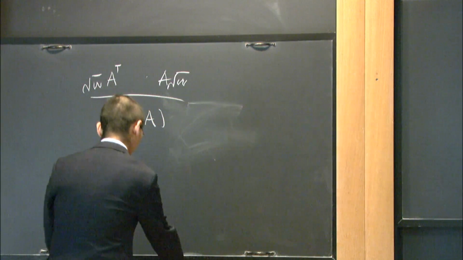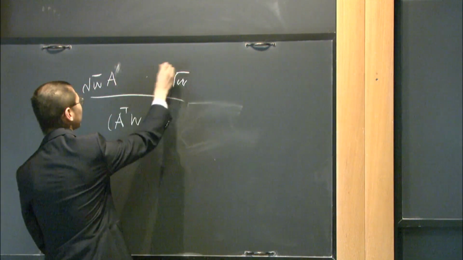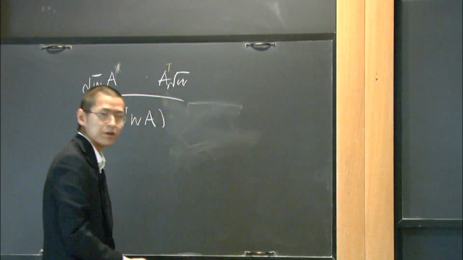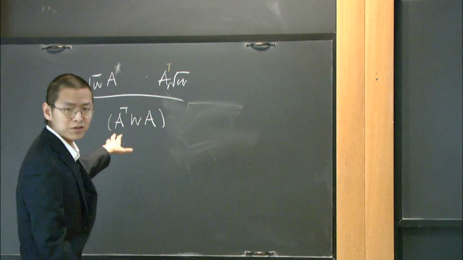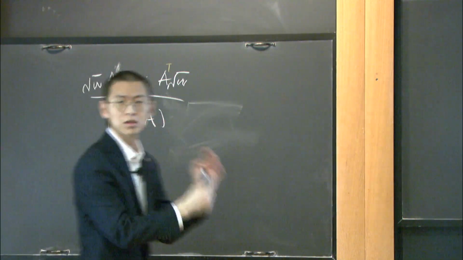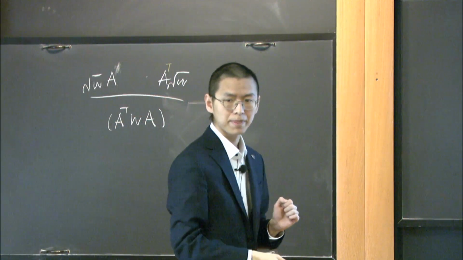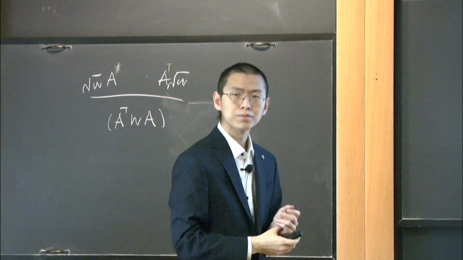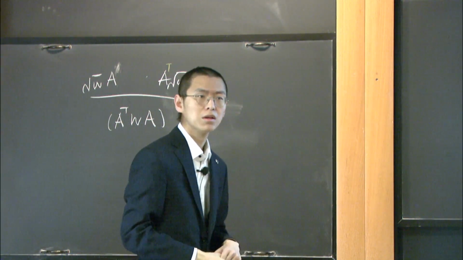I should put a transpose here. With a number you just think of it this way, and with a matrix you need to put a half on both sides. And what's the intuition about P of W?